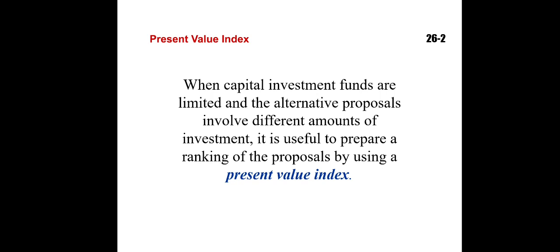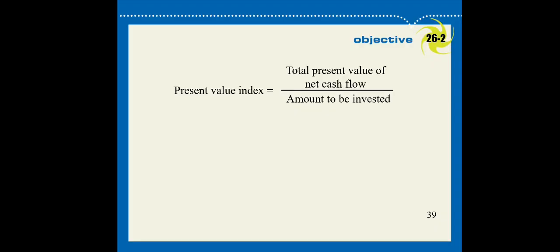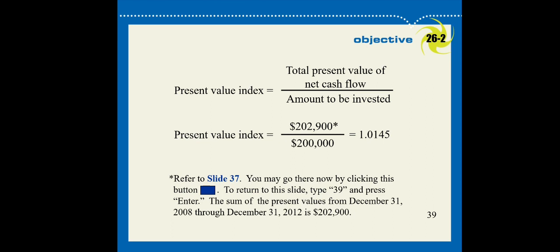To compare that, you can use this present value index. So let's see, this is the example. Present value index equals total present value of the net cash flow divided by amount to be invested. For the scenario that we have seen in the previous slide, the present value index is 202,900 divided by the amount to be invested, 200,000.